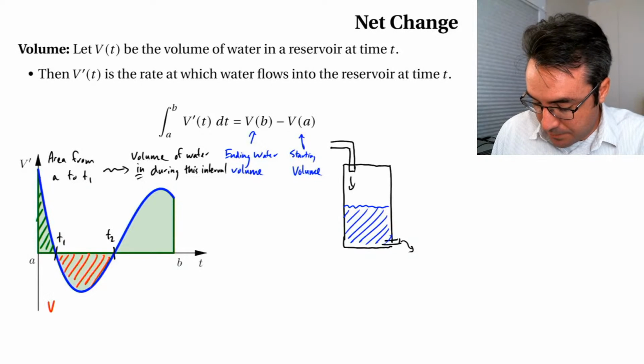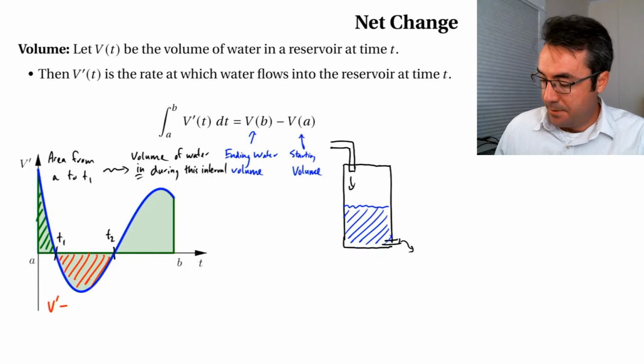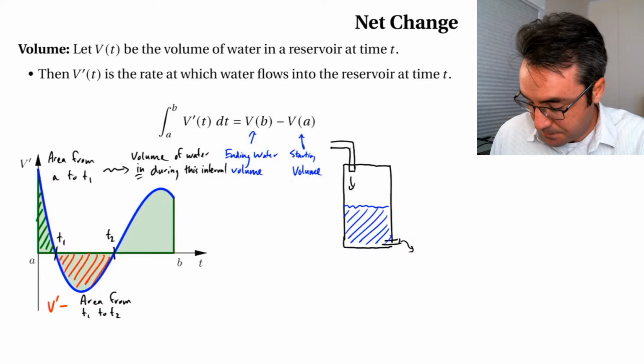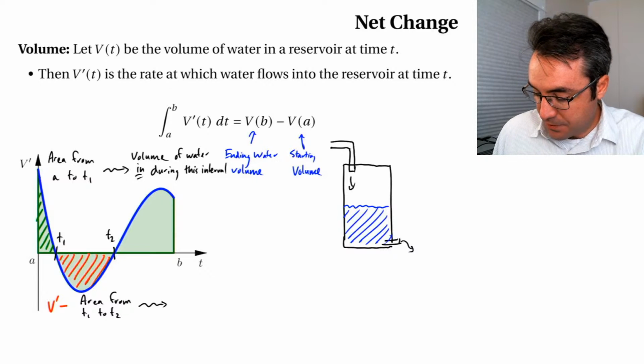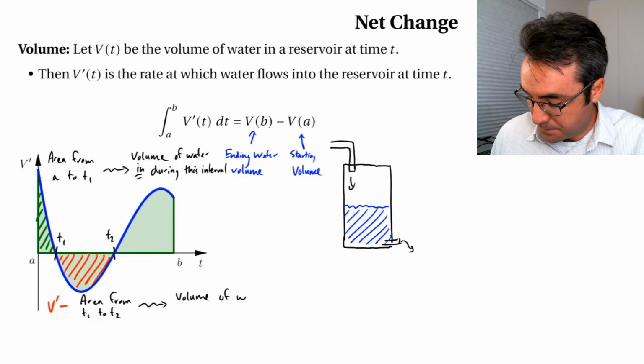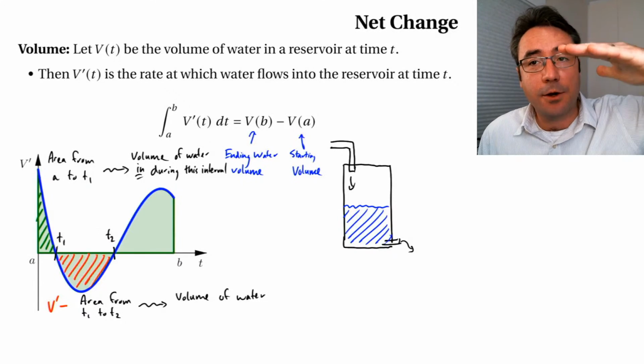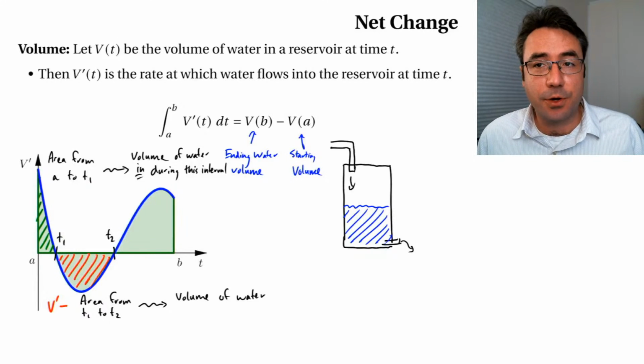And so what this represents is, if we could calculate the area from t1 to t2, this represents the volume of water, how much water do we lose in our reservoir during that time.